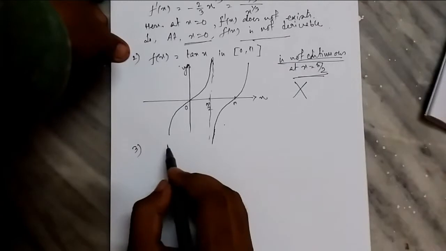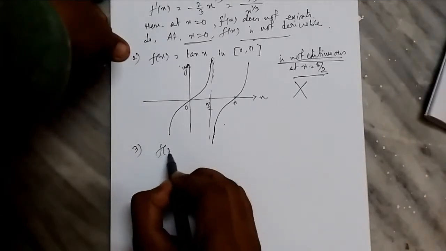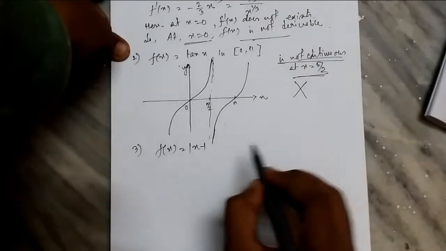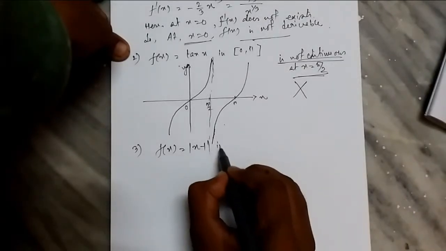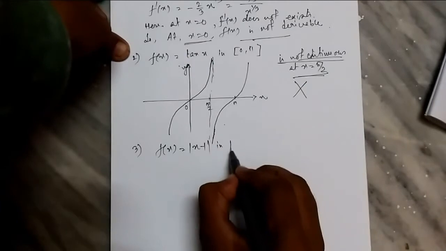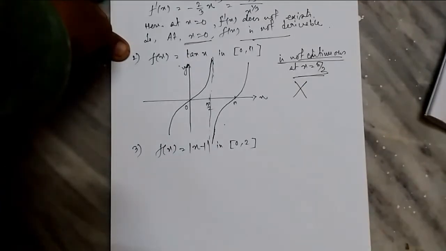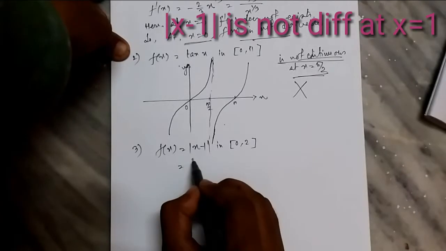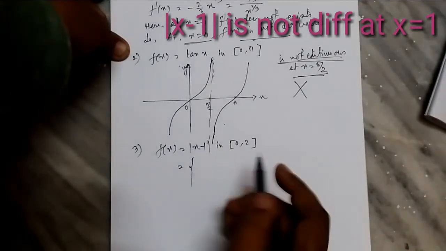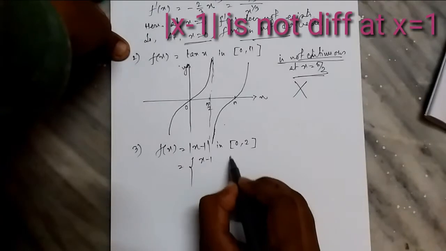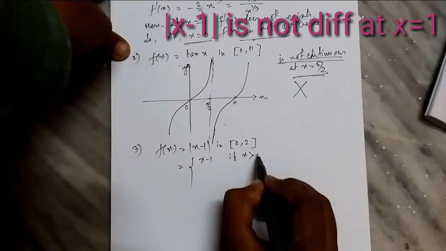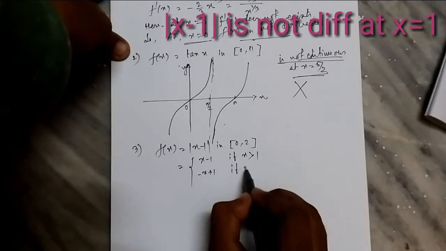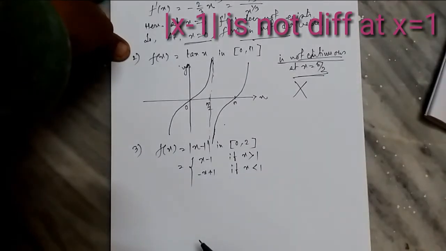If we take another example, f(x) equal to modulus of x minus 1 in the closed interval 0 to 2, then if we simplify this function, it will be x minus 1 if x is greater than 1, and minus x plus 1 if x is less than 1.